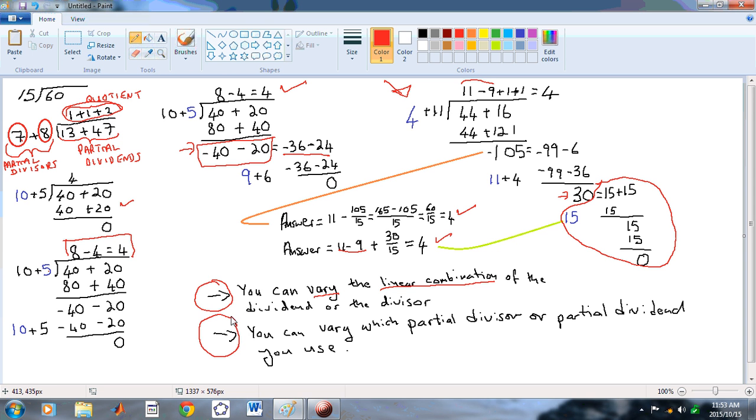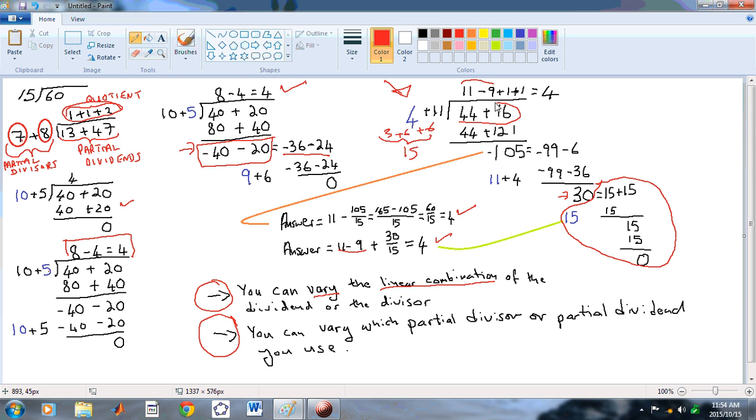And the next conclusion is that you can vary which partial divisor or partial dividend you use. So for example, here you didn't have to use 4, you could have used 11. Or you could have just chosen a completely different set. You could have said 3 plus 6 plus 6, or any other linear combination of 15.